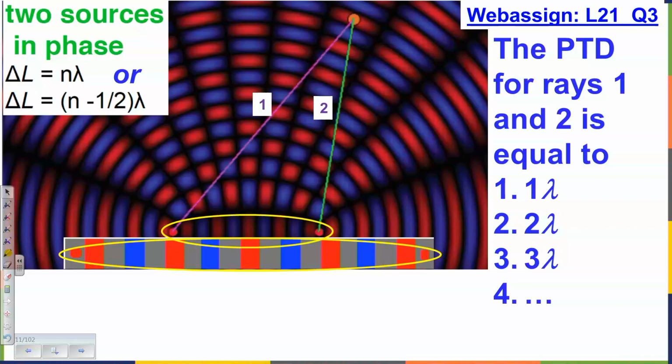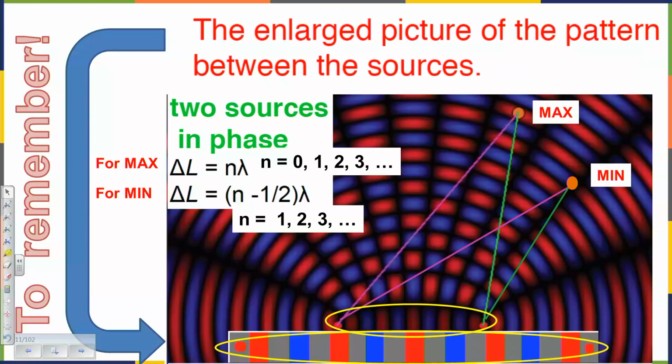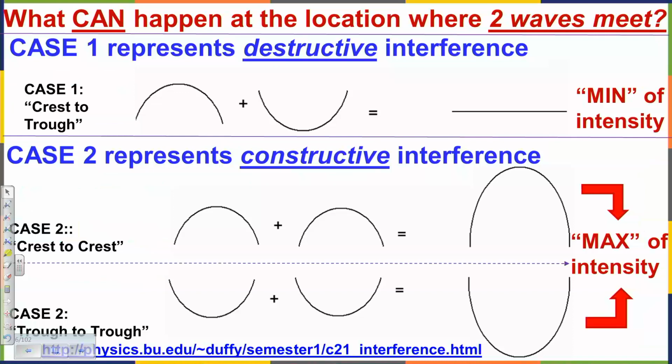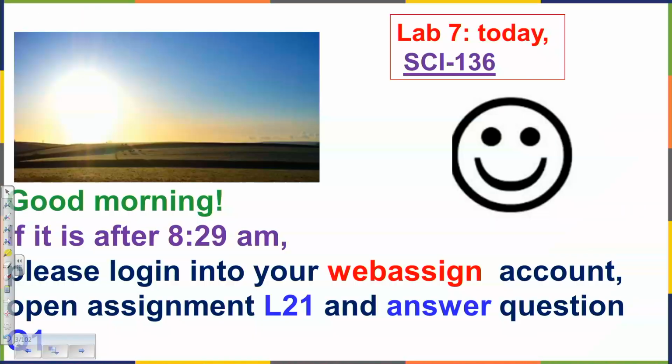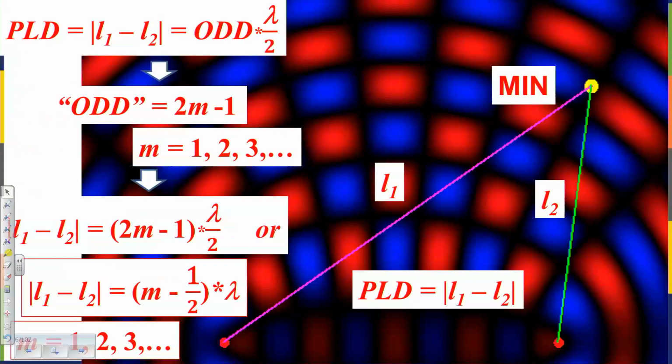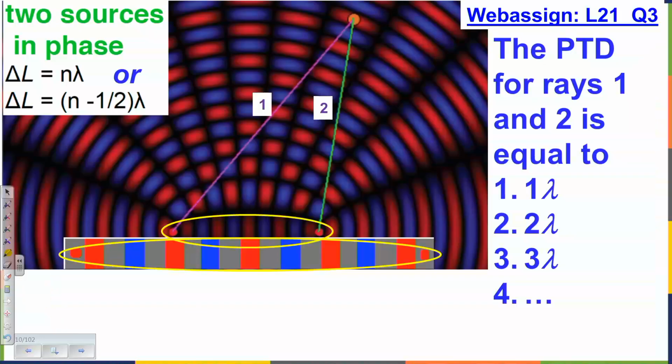So here, please choose your answer. Why is it number 3? Did we have an answer? No, we didn't. Okay, let it be number 3.